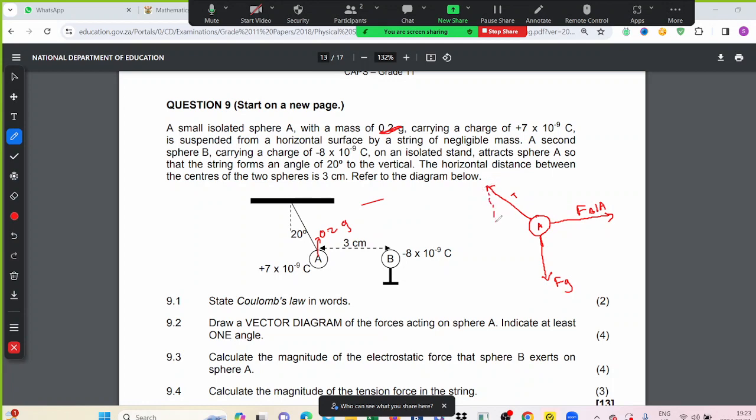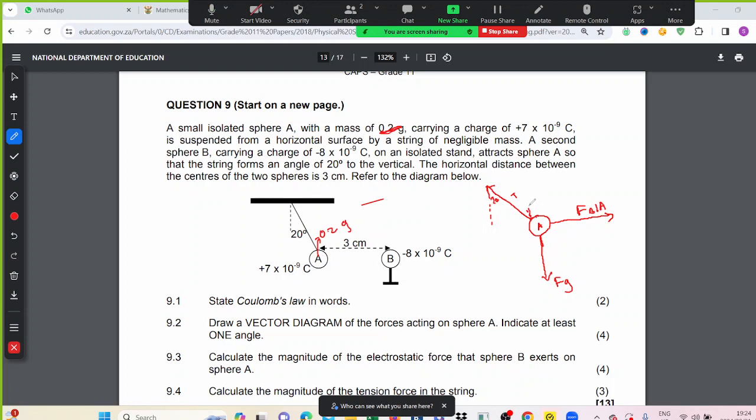So you either indicate this angle that is here, so here you'll have 20 degrees, or you can draw a parallel line to this line, which we can draw here.